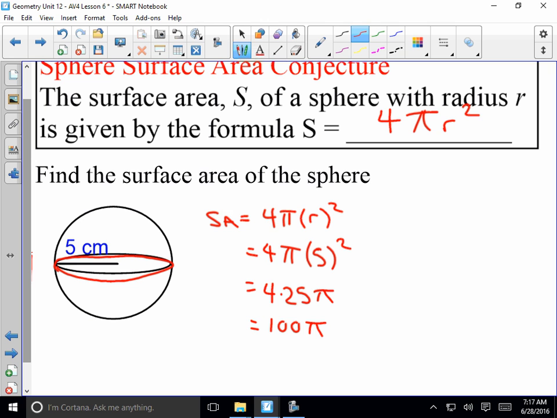So our surface area is 100 pi centimeters squared. We always want to make sure we have proper units when we're finding surface areas and volumes.